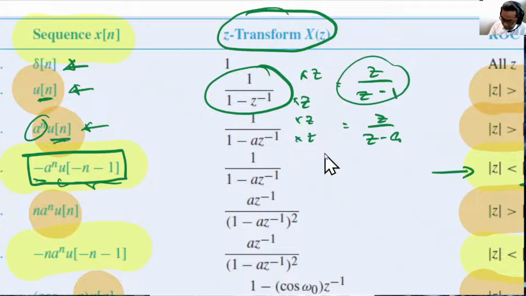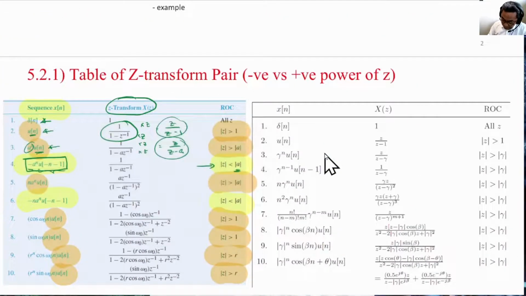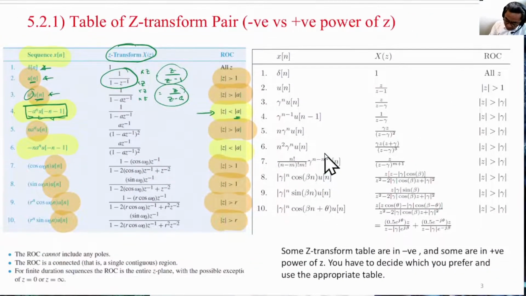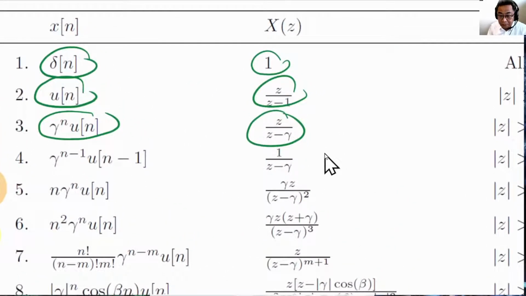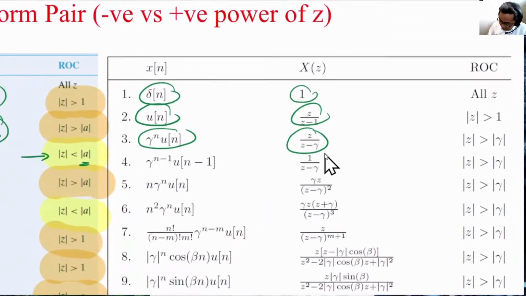So some books prefer to represent the Z-transform in the positive power. It's exactly the same. Now you see the different representation of X(z), and again, you must include the region of convergence in the last column.